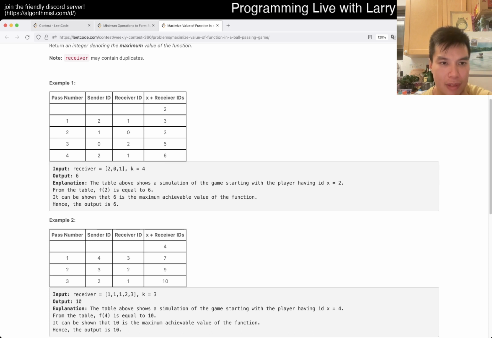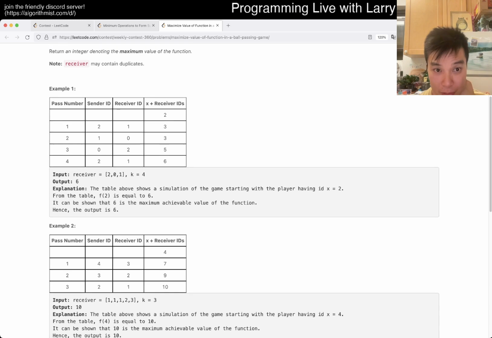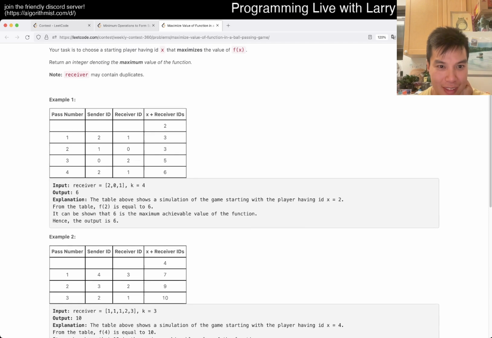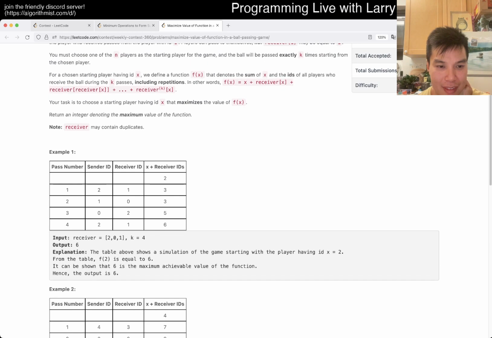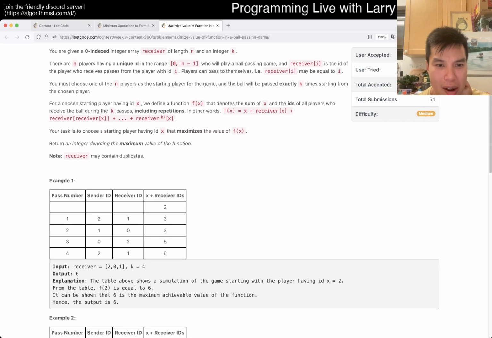This is so weird. I'm still not even really understanding this thing. Oh, it's only one player.